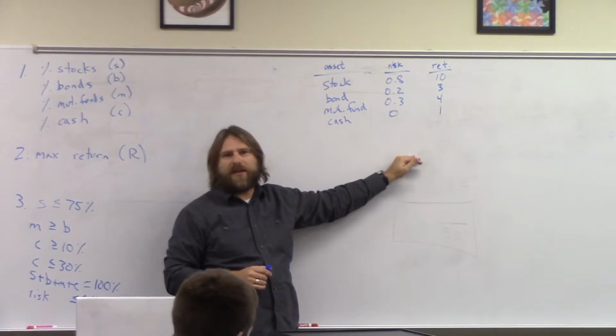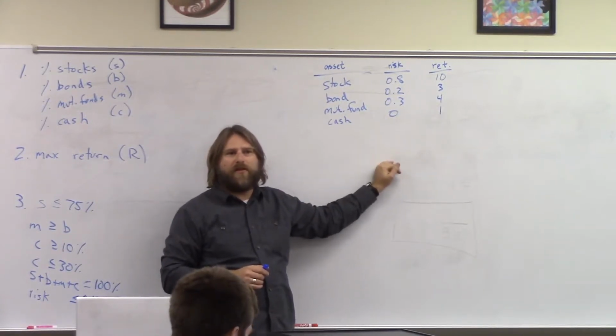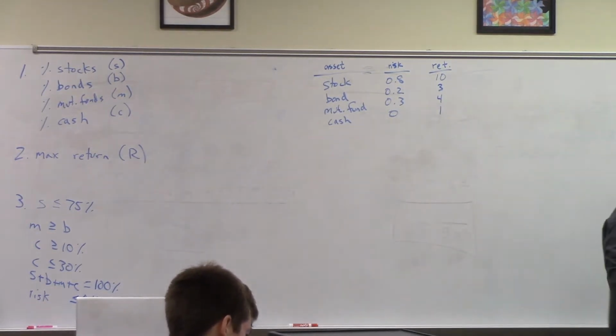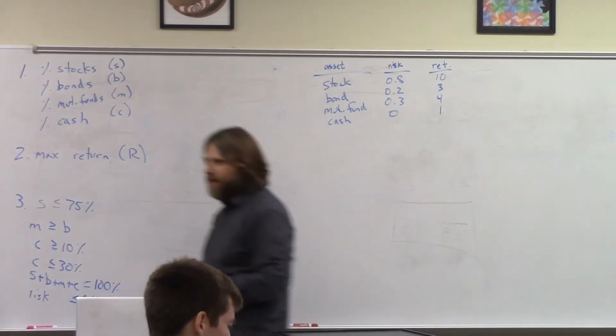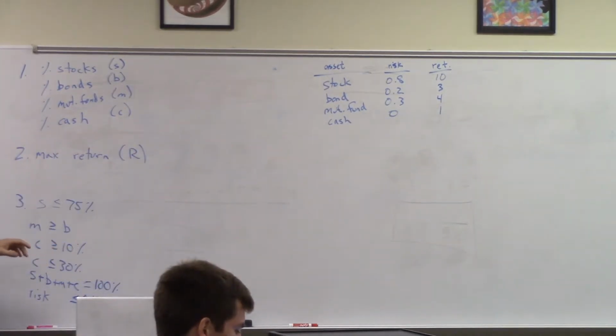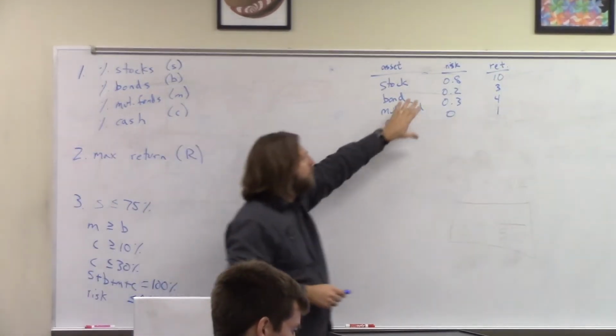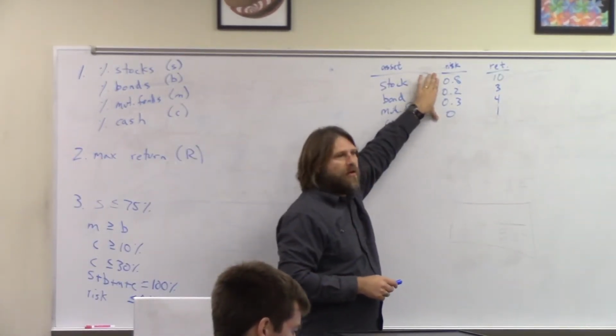Sum product. So we're going to hit sum product over and over and over again in this class. You should just start getting used to asking, where can I use sum product for this model? Okay? So, the risk is going to be the sum product of our allocations by the risk.